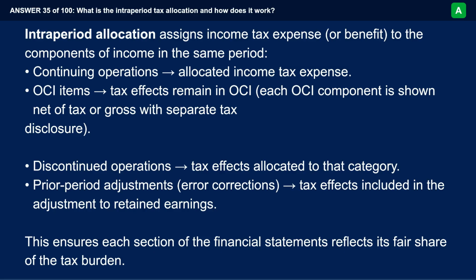Each OCI component is shown net of tax or gross with separate tax disclosure. Discontinued operations: tax effects allocated to that category. Prior period adjustments, error corrections: tax effects included in the adjustment to retained earnings. This ensures each section of the financial statements reflects its fair share of the tax burden.